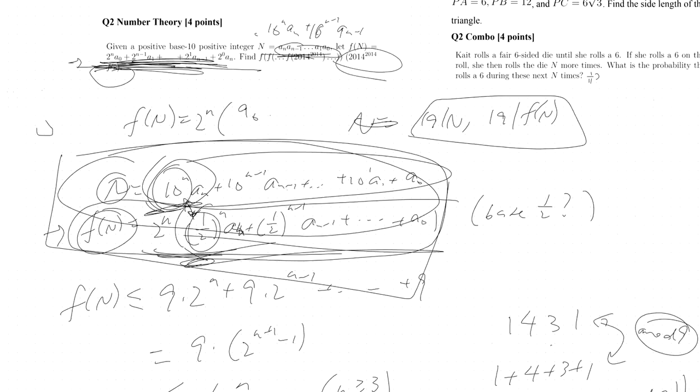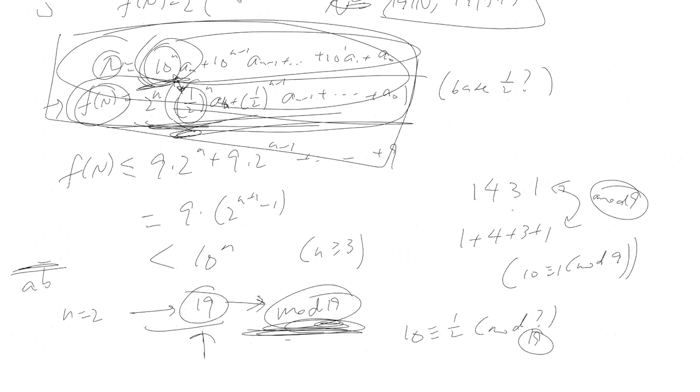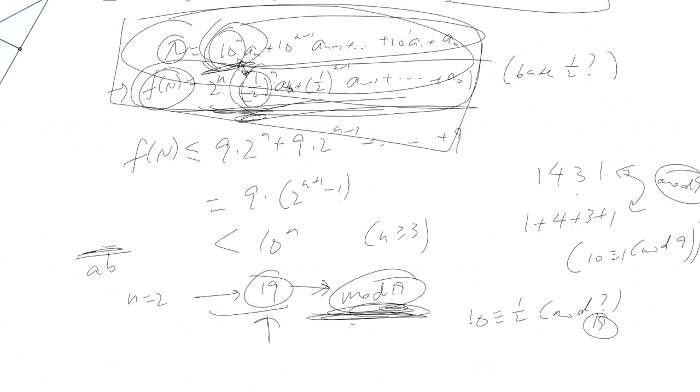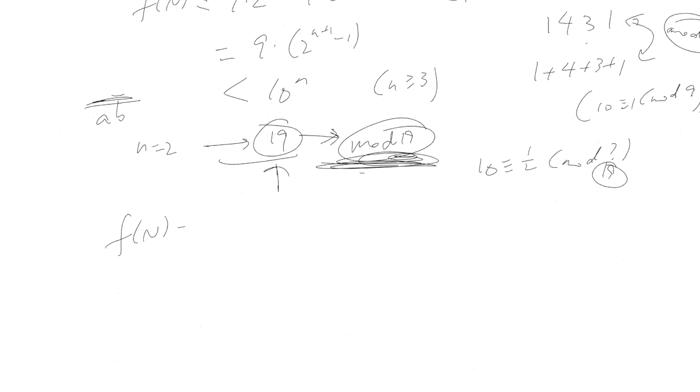Yeah. Perhaps I can just fill out the details of this one. You just write it like here. If f(n) is 2 to the power of n a0 plus 2 to the power of n minus 1 a1 plus up to an, then we multiply the whole thing by 10 to the power of n.